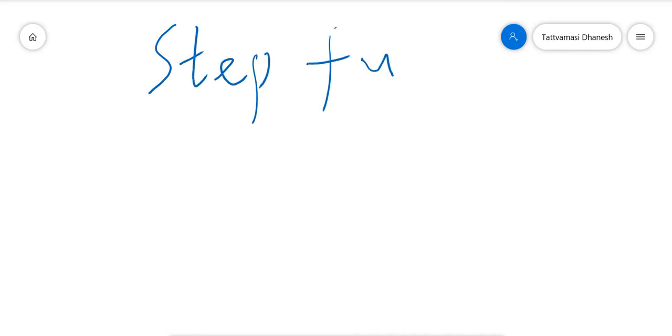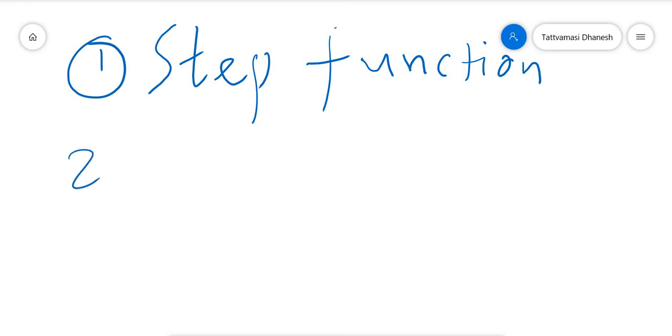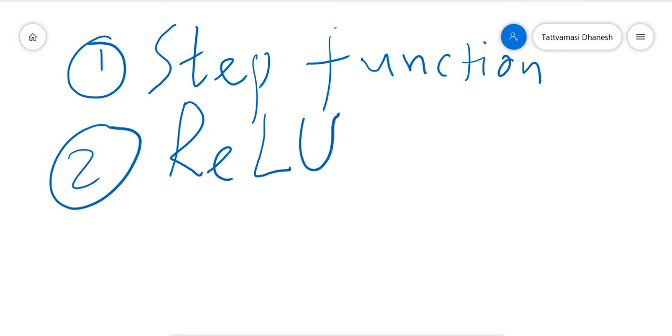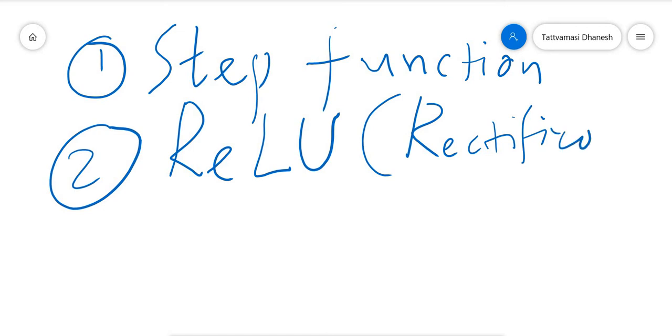Second one is ReLU, the rectified linear unit. This is a linear function, a straight line, y is equal to mx plus c. This we call the rectified linear unit.